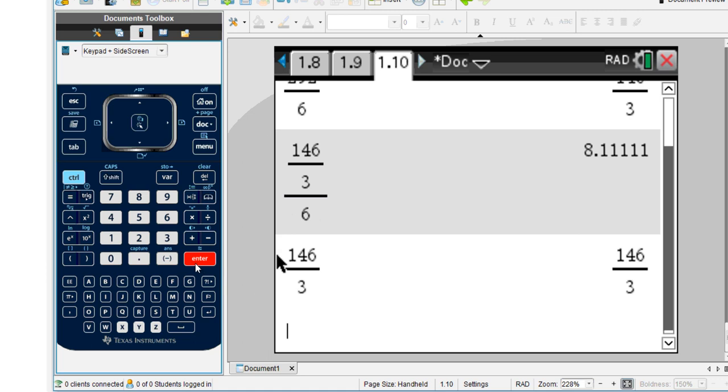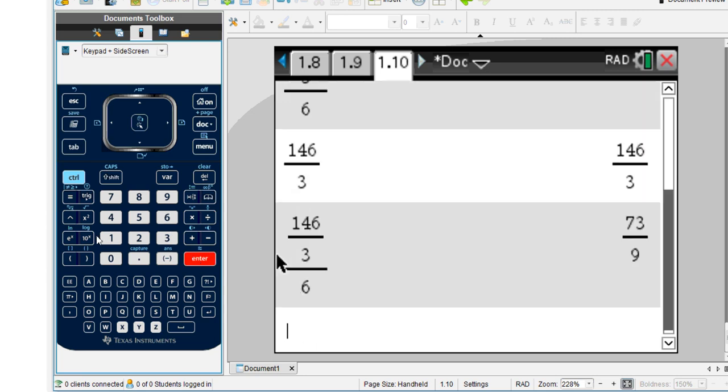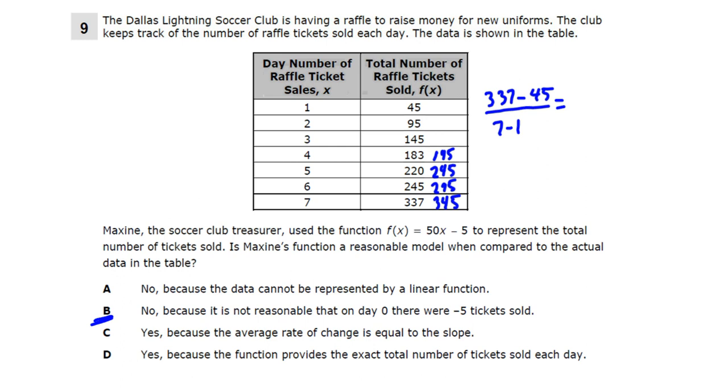Enter that. And we're going to divide that by 6. Okay, that's going to be, well, 6 point something, not going to be 50. Now that's not going to work out. Really, your best answer choice is going to be B. Yeah, it's not exact tickets. We know that's not right. That's a little bit tricky, but B is going to be your correct answer.